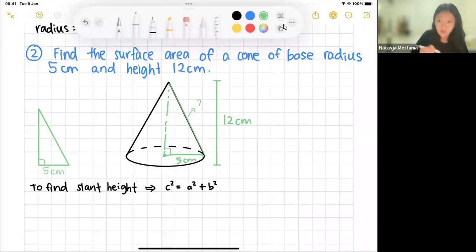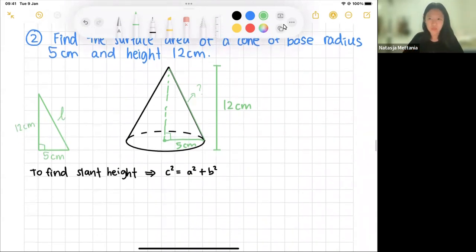Label it: the radius is 5 centimeters, the height is 12 centimeters, and this hypotenuse is the slant height, which I don't know. Let's call it L.